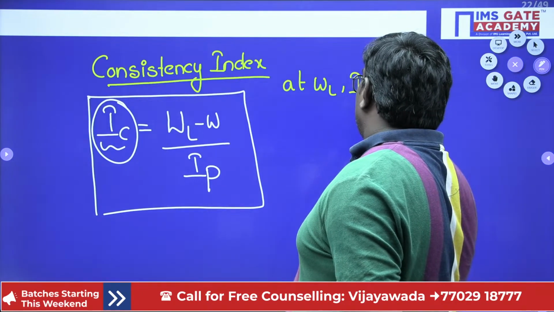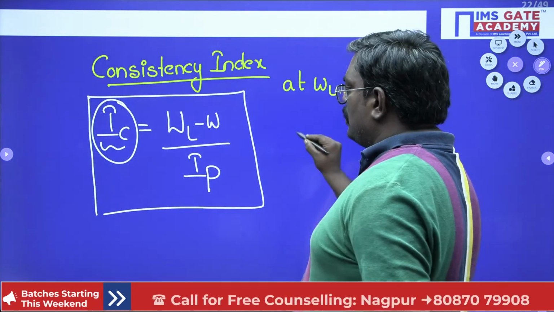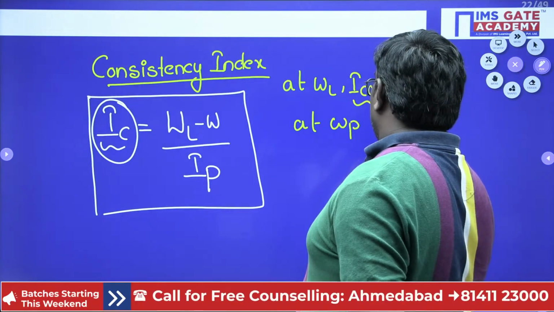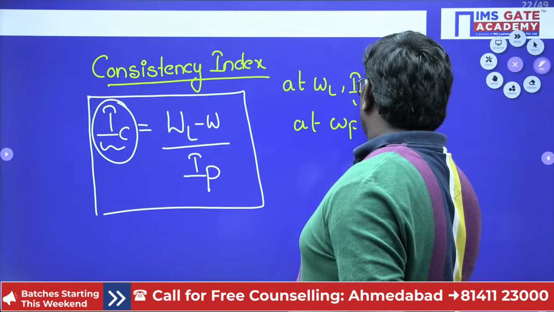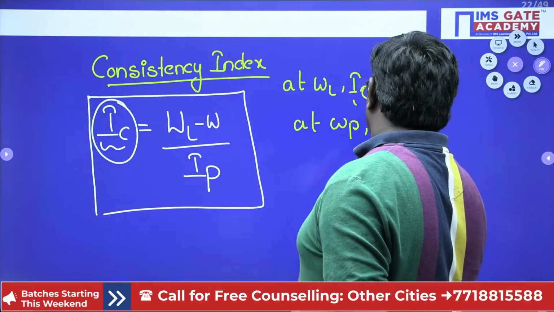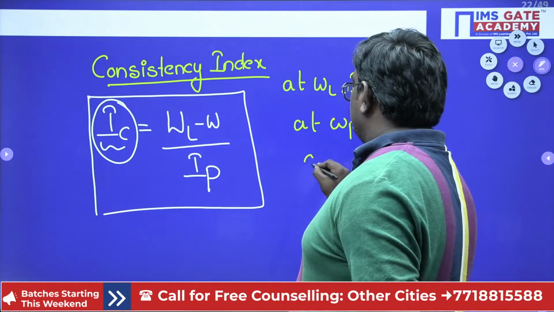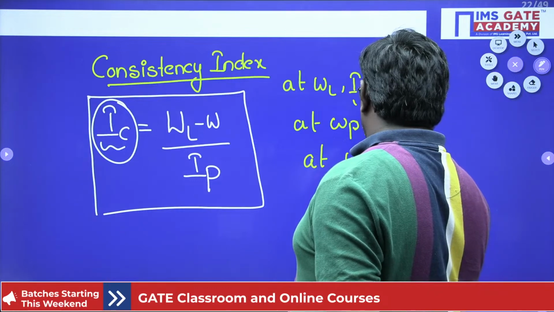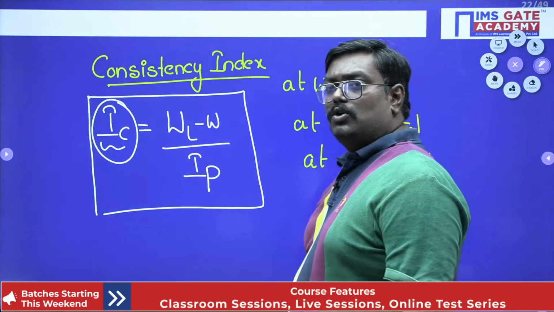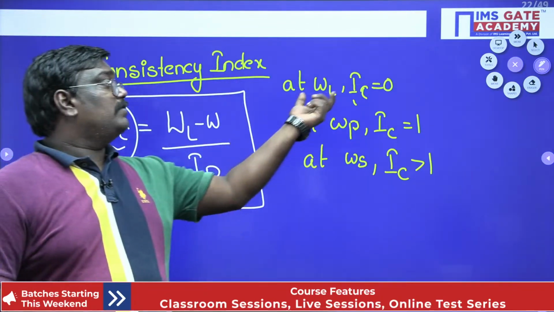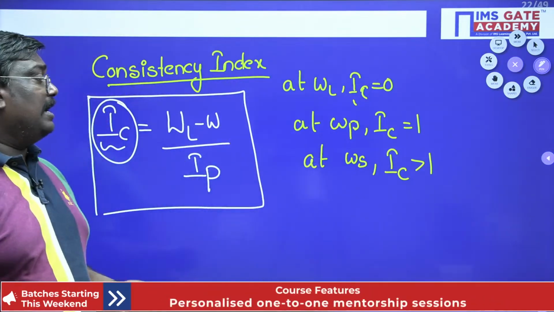At plastic limit, the value of the consistency index will be equal to 1. And at shrinkage limit, the consistency index will be greater than 1. So based on the different states of the soil, the value of the consistency index will be identified.